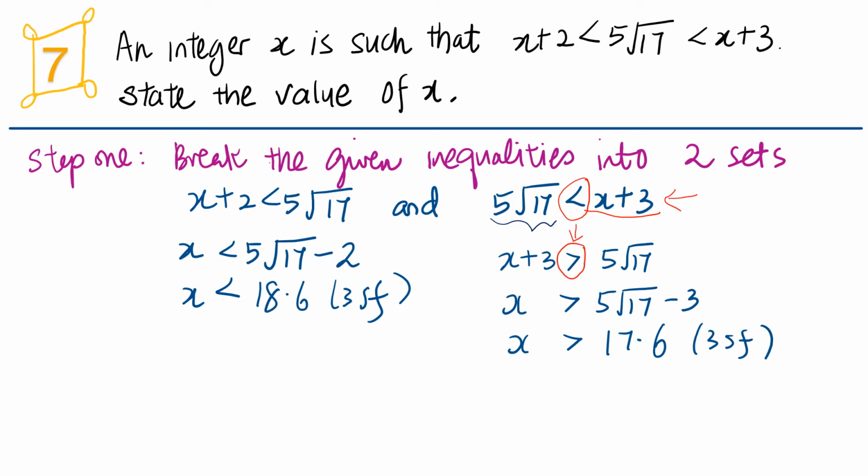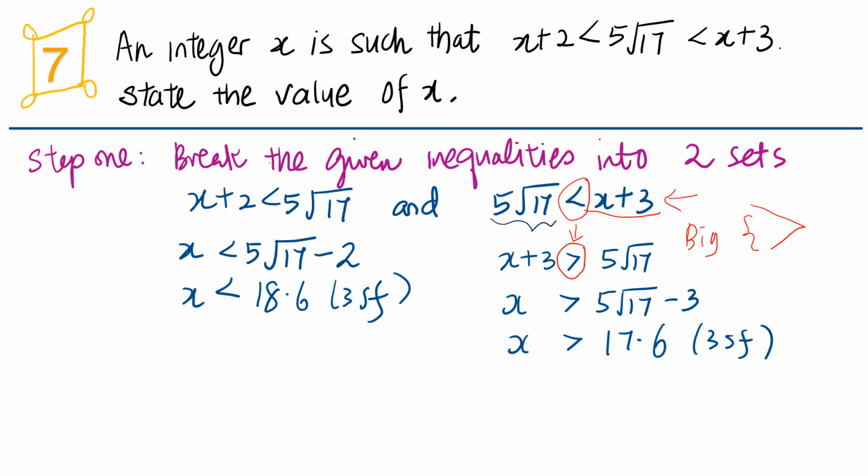It means that x plus 3 is bigger than 5 square root 17. So if you put x plus 3 on the left hand side, make sure the inequality sign, this big mouth, or big gap, or whatever you want to call it, must face x plus 3. This is something you have to take note of. Then you get x greater than 5 square root 17 minus 3. If you use a calculator to evaluate, you get 17.6.